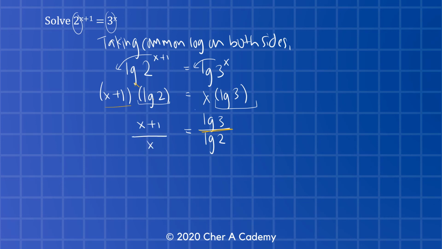Now that I have a value on the right hand side, I'm going to key in the calculator to find out what it is. The calculator tells me that it's 1.5849. So (x plus 1) over x is equal to 1.5849. Bring over the x, so we multiply. I'll bring all the x's over to one side.